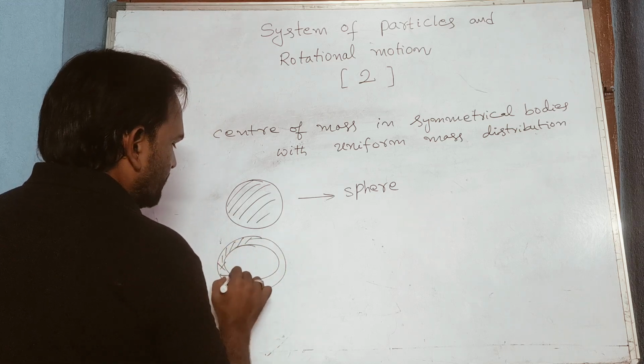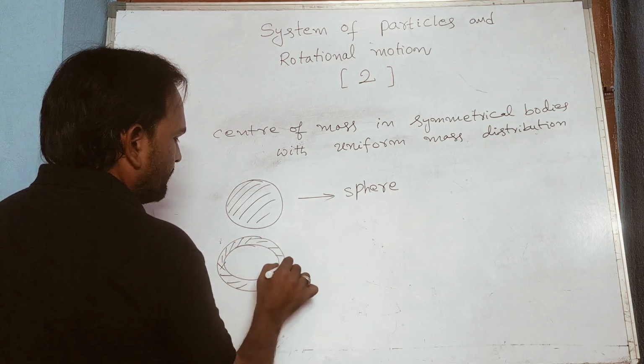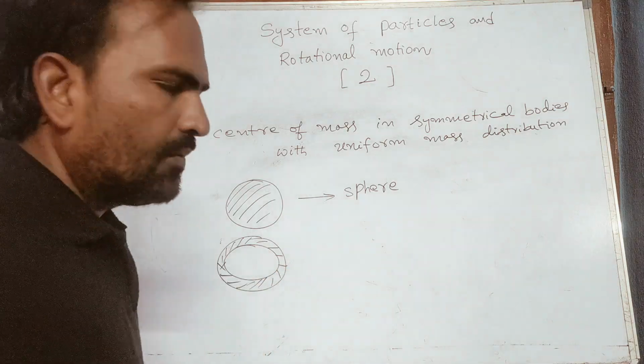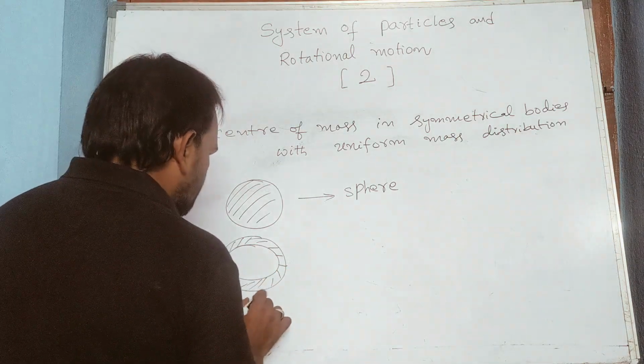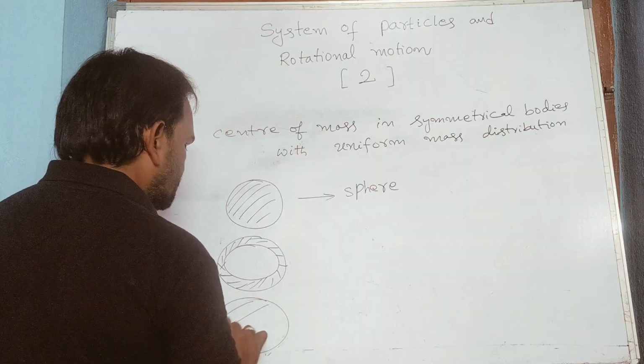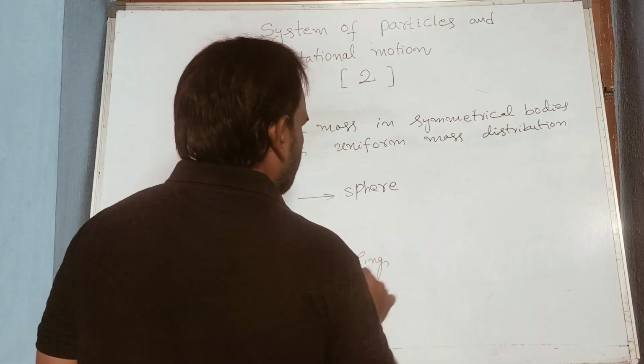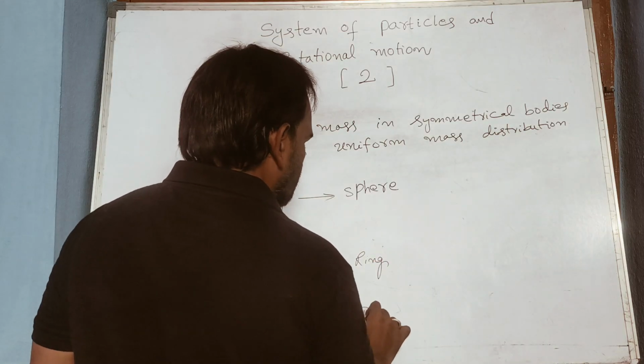You observe here, circular ring. Okay, students. Next, disc. This is a circular ring. This is a disc.